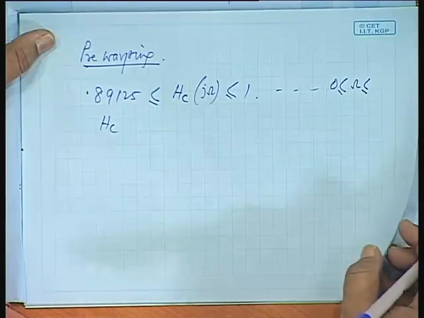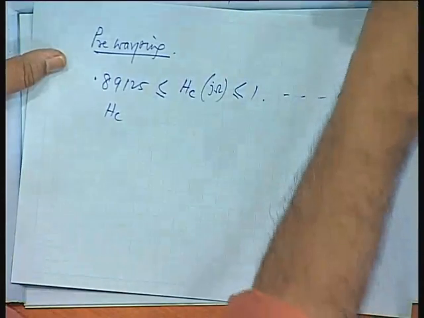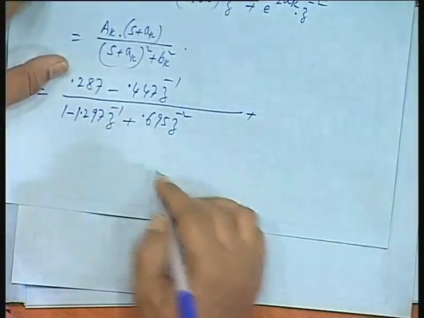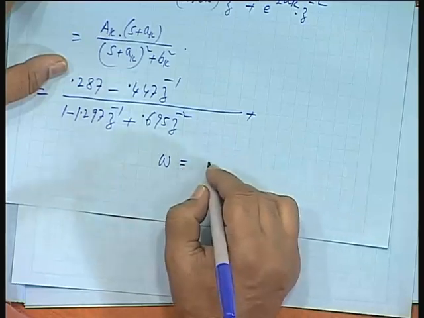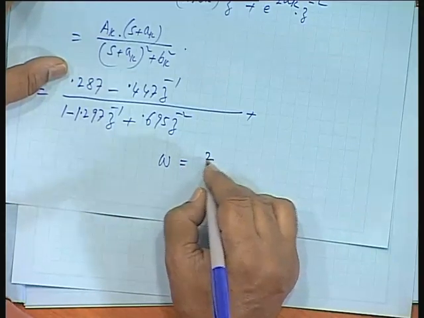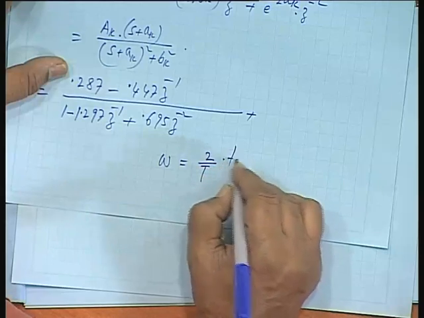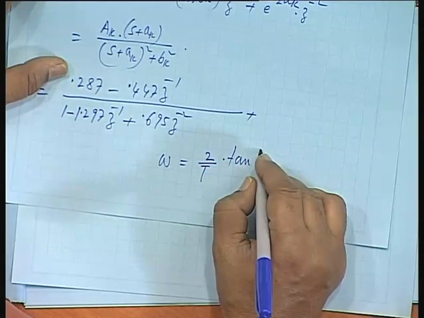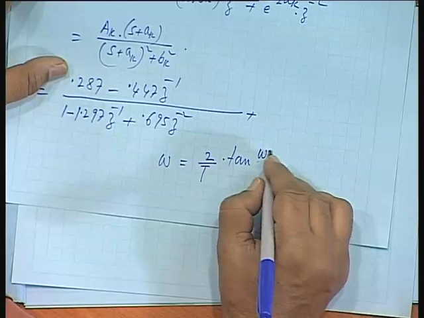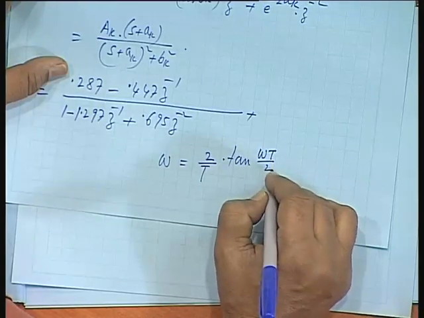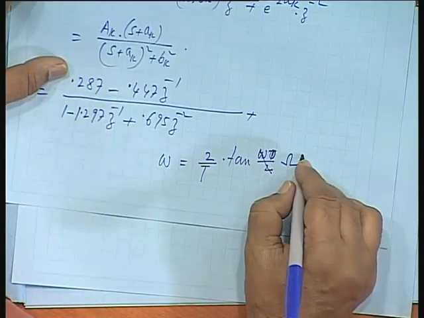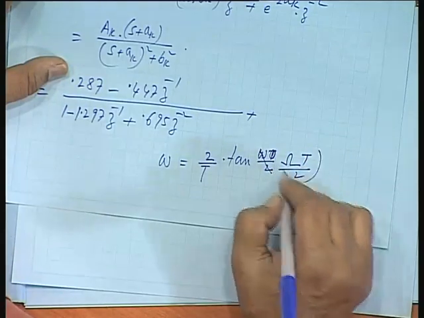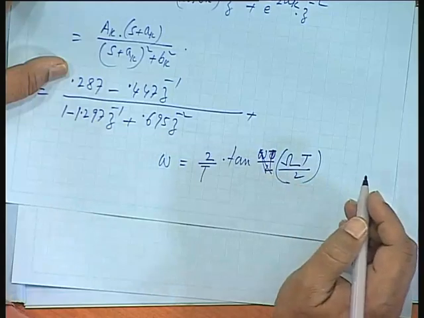what did you get in the bilinear transformation? What was the relation between discrete frequency small omega and capital omega? Tangent of omega t by 2, this capital omega into t by 2. Is that all right?